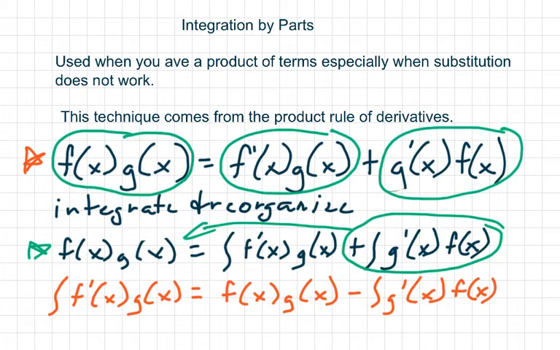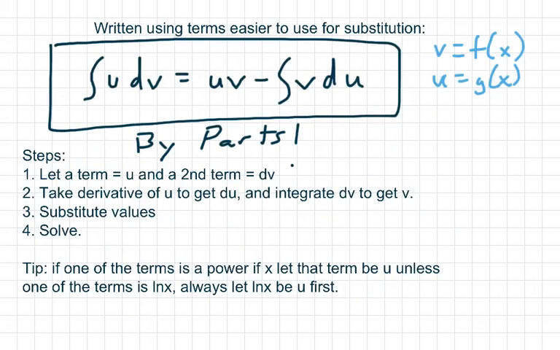Because it's used on a product of factors, so we have to have a product of something to work ourselves backwards, okay? Now, I'm going to change the variables we use just for simplicity. I'm going to start to use u's and v's, and of course du and dv, and I'll show you that on the next page. So, written in different terms, just because it's easier for the substitution method, because we will use substitution for this, because it's a technique where we combine some stuff.